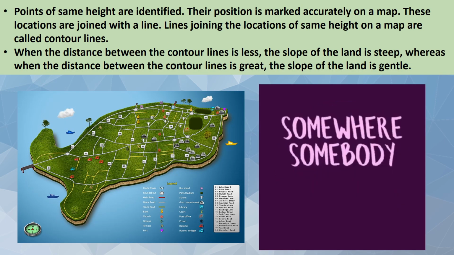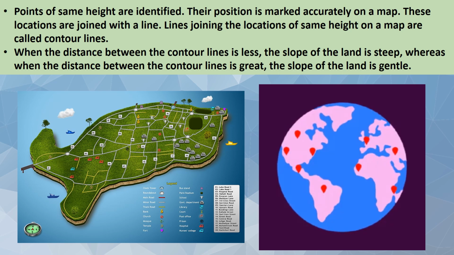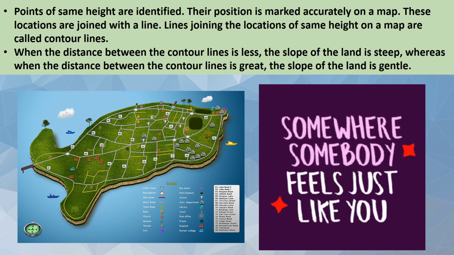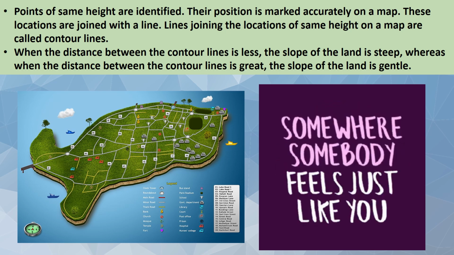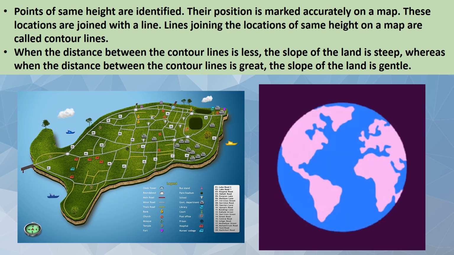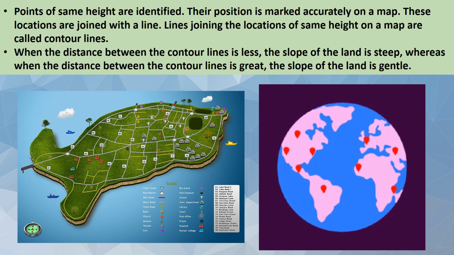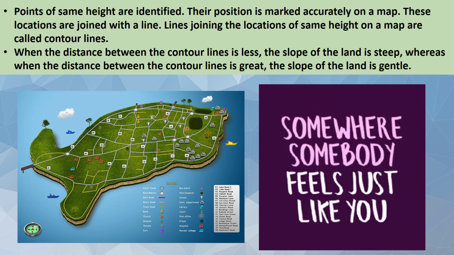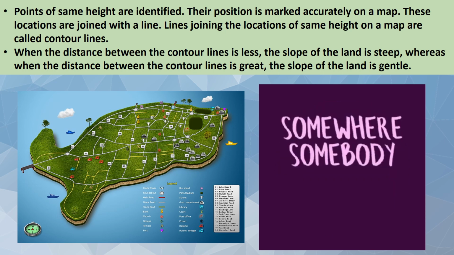Next, points of the same height are identified and their positions are marked accurately on the map. These locations are joined with a line. Such lines are called contour lines. These help us to understand the slope of the land and the height of different places.